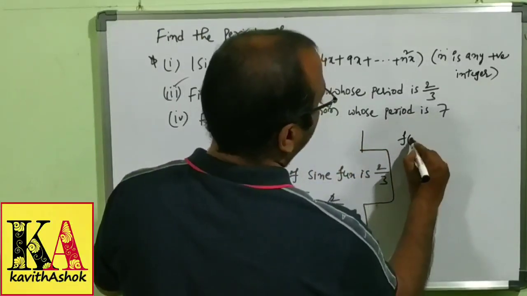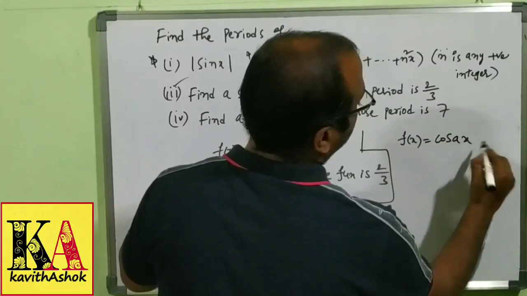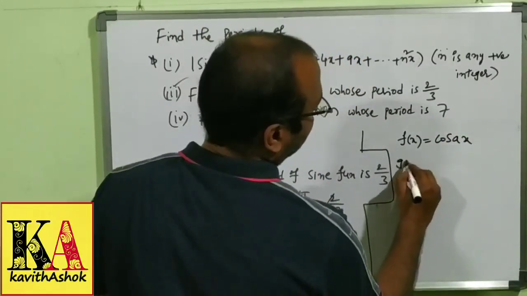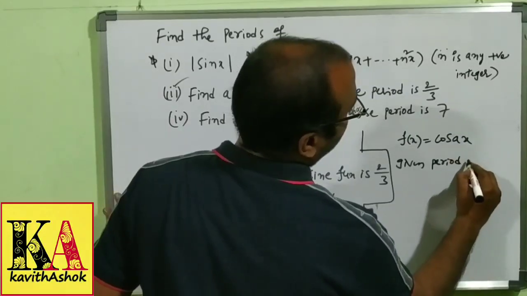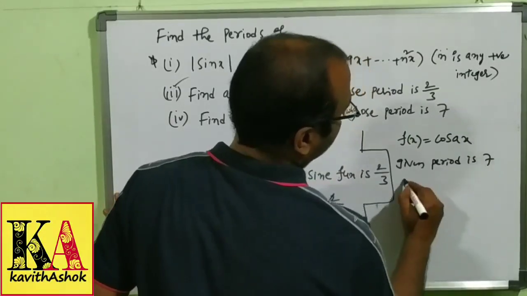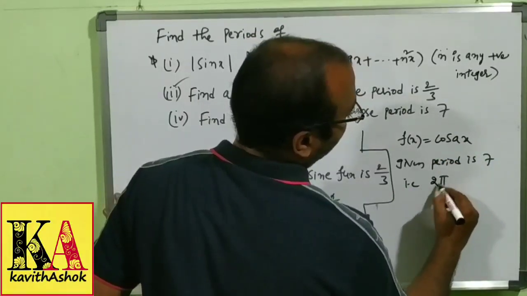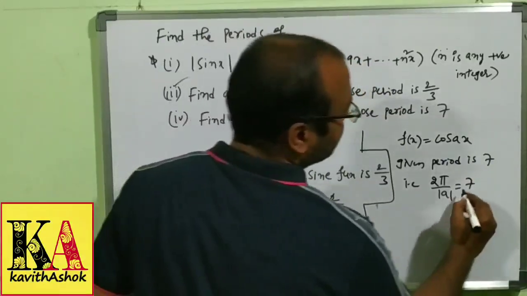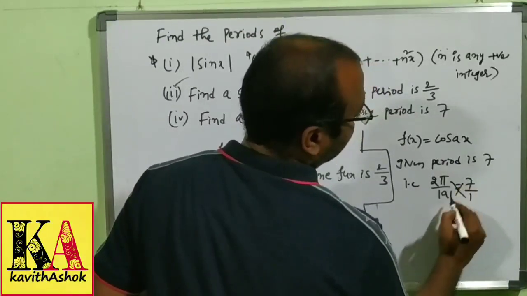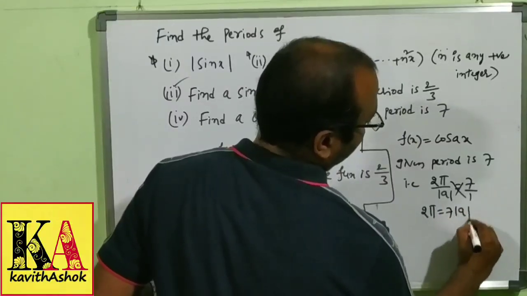In the same manner, f of x is equal to cosine, in the sense cos ax. Given period is 7. That is, again the cos ax period is 2 pi by mod a. That is given here as 7. 7 means 7 by 1. Again cross multiplication. 2 pi is equal to 7 mod a.